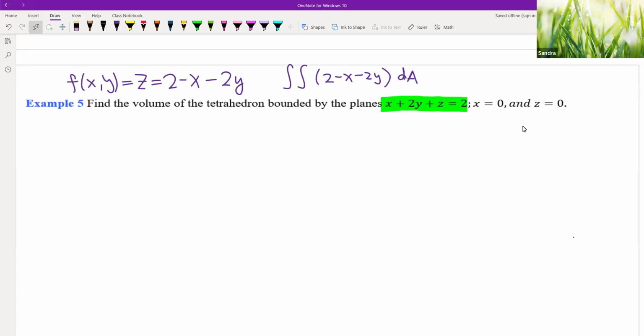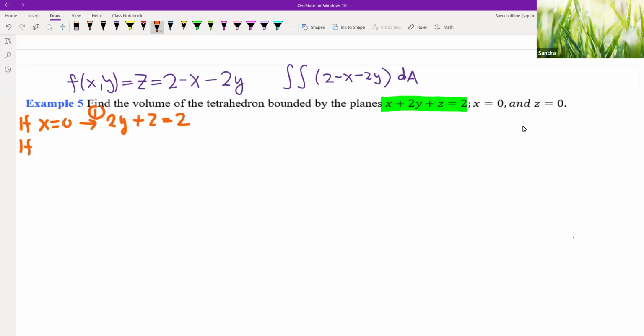Okay, so for example, in this case, what happens if I say let x be equal to 0, and I plug it into the green equation, then I get 2y plus z equals 2, and that will give me one equation.